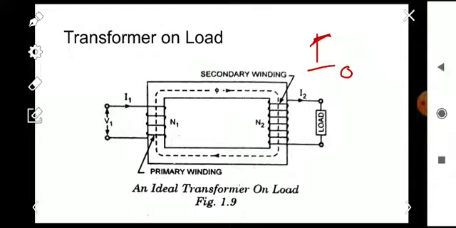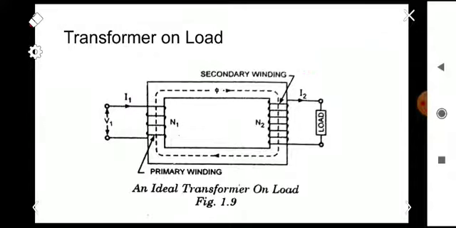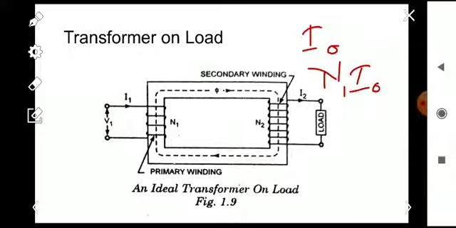This no load current I0 sets up an MMF N1 into I0, which produces a flux phi in this core. We know that the magnetomotive force is the cause for the production of the flux.